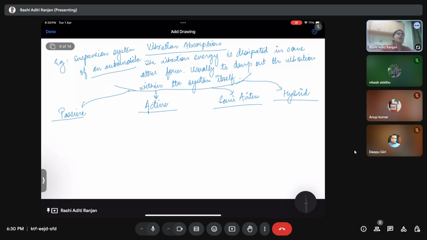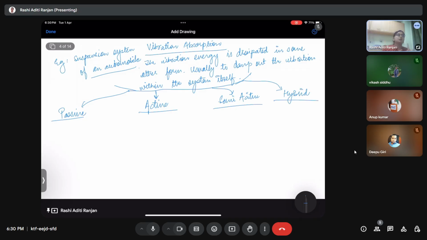But whatever the working of my system would be, whatever the operating condition would be, if it is known to me and if it is not very much changing with respect to time, it is better to apply a passive vibration absorber.